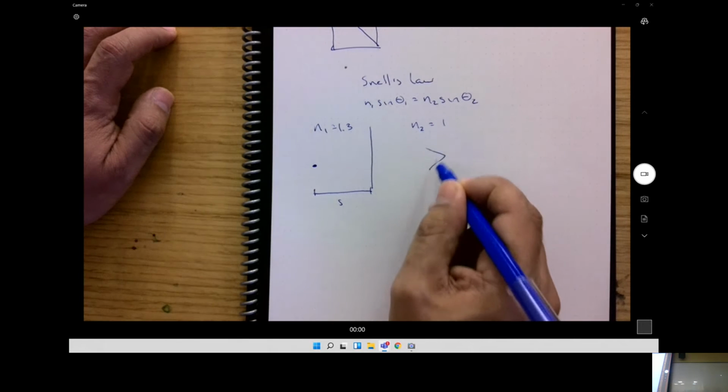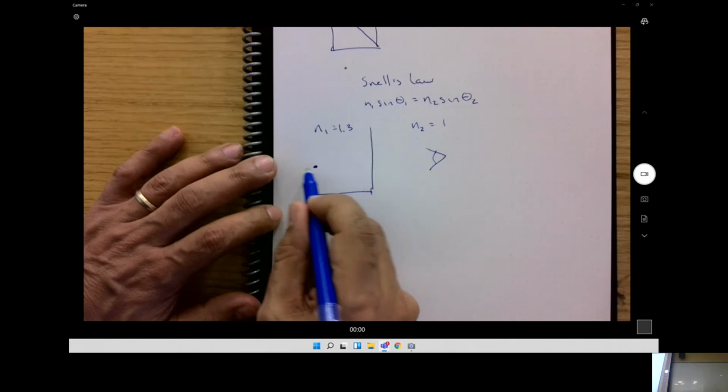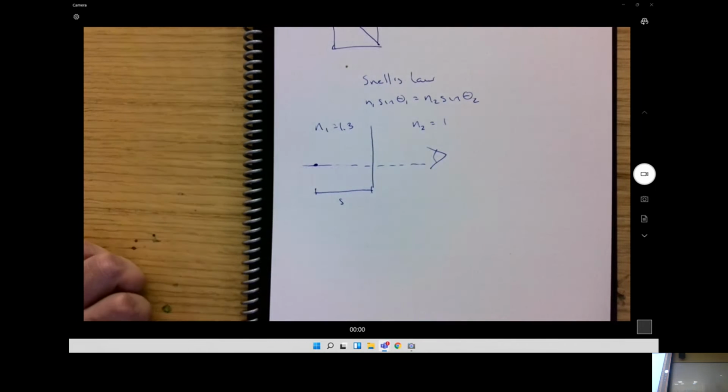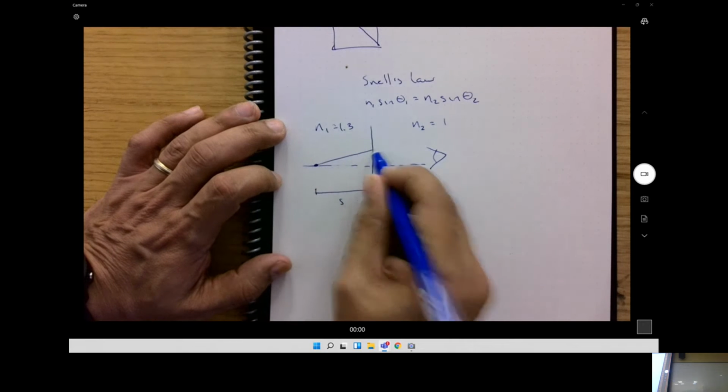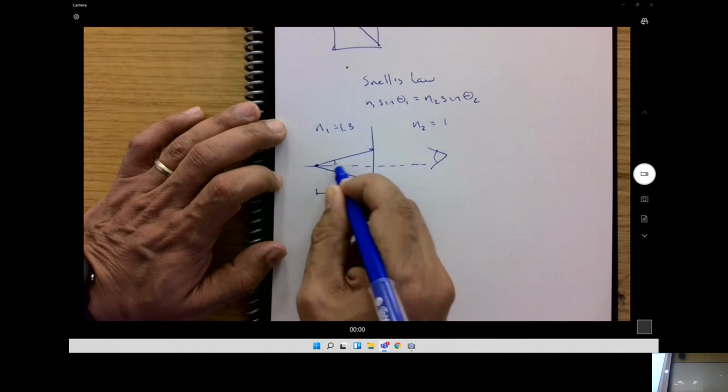Somewhere around here is going to be my observer, just looking into that fish tank water or whatever. I'm going to have my optical axis. And I'm going to have light coming from this object at a small angle. So this is light, and I'm going to have this angle theta.